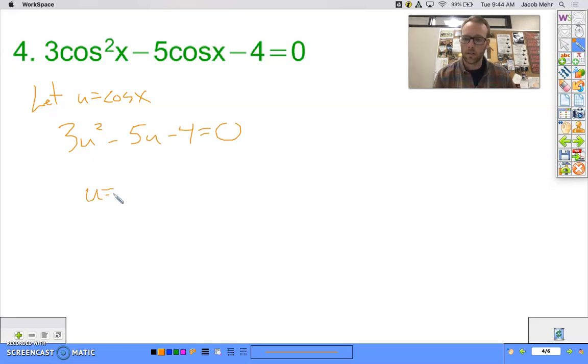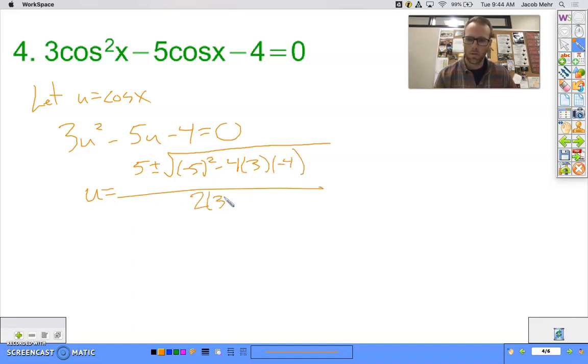And we say, all right, well, quadratic formula, u equals negative b, so that would be 5 plus or minus the square root of b squared minus 4ac all over 2a. There's our quadratic formula. So we get u equals 5 plus or minus the square root.